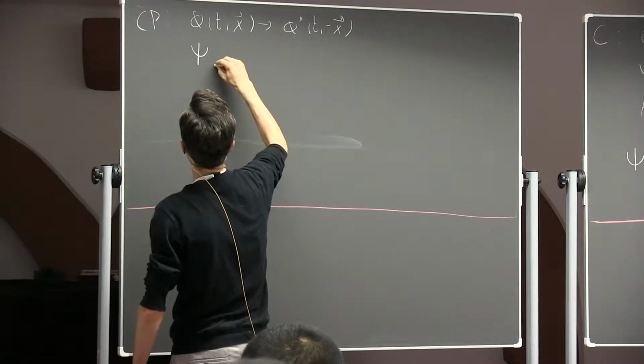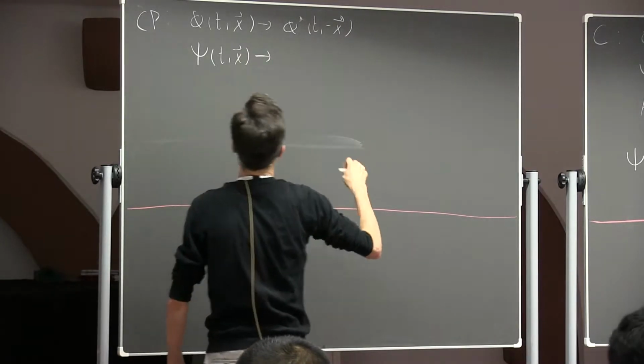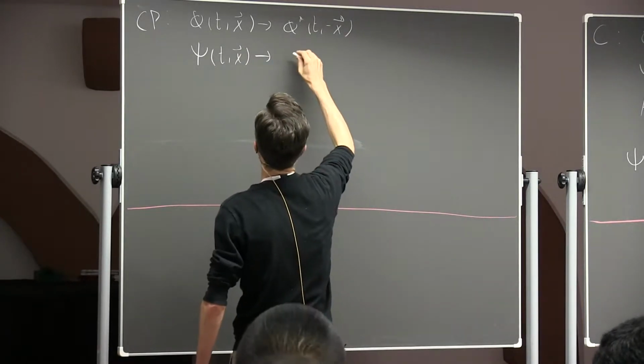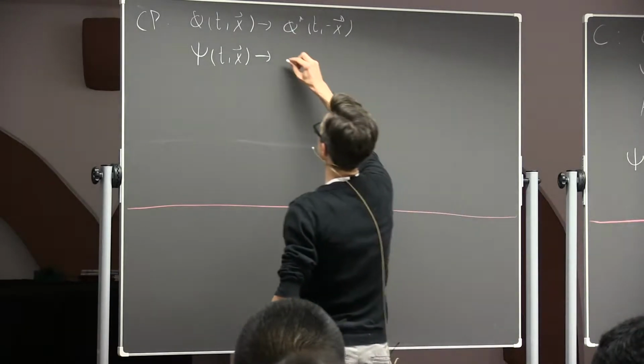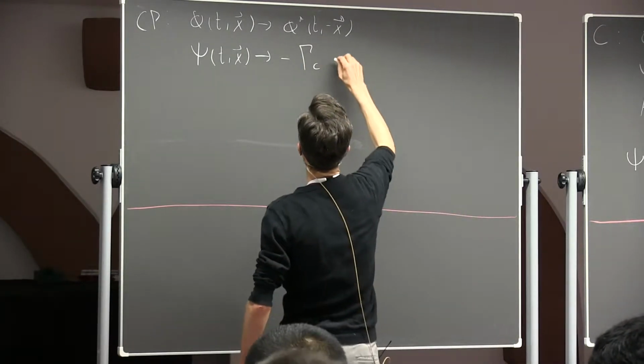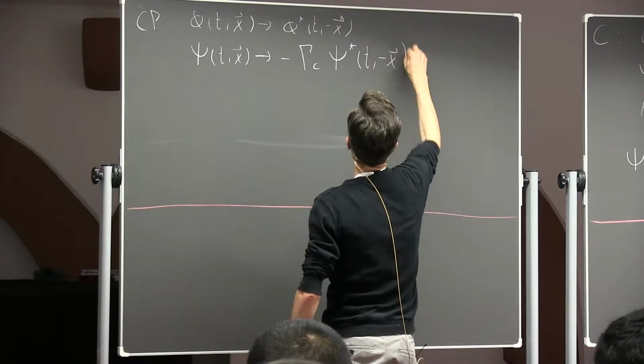My psi of t of x turns out to transform, when I lump all this stuff together, into, again, let me make sure I have this right, a minus gamma c psi star t minus x.